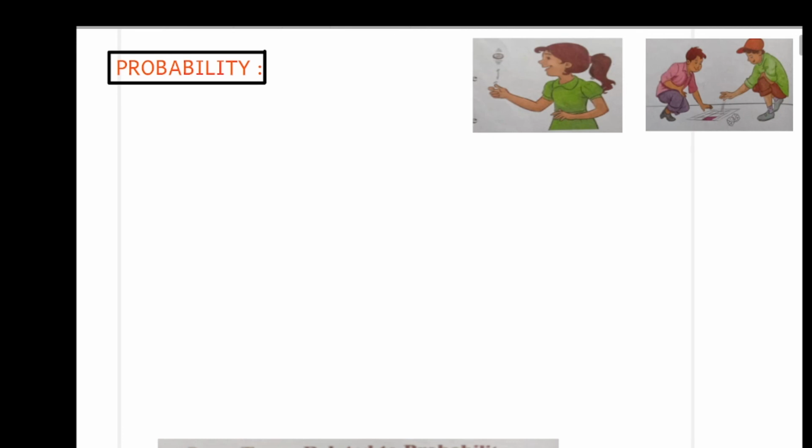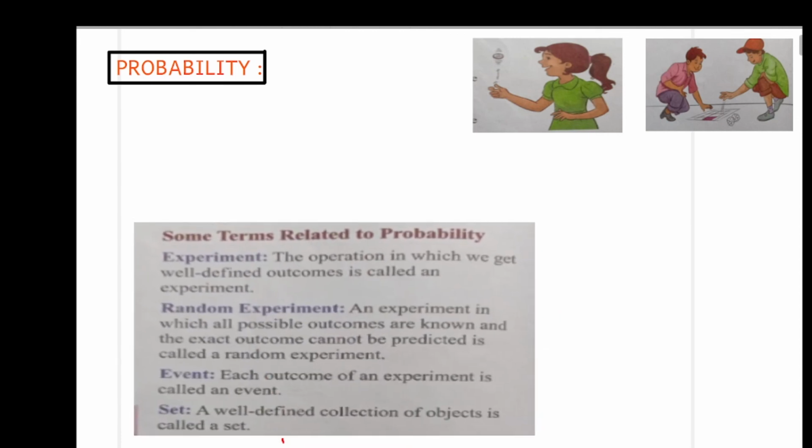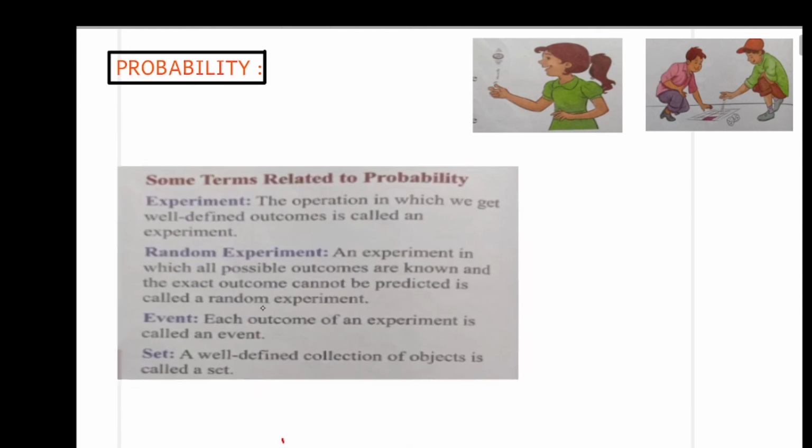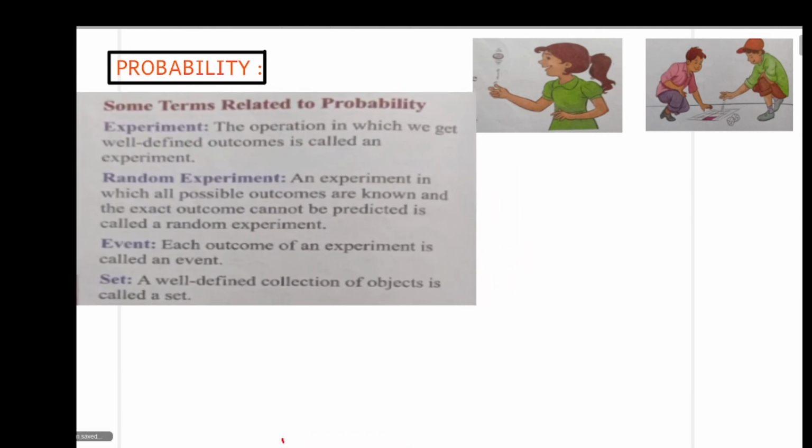Understood? Probability. Now see, in probability, there are some terms related to probability that we have to discuss. The first one is experiment.